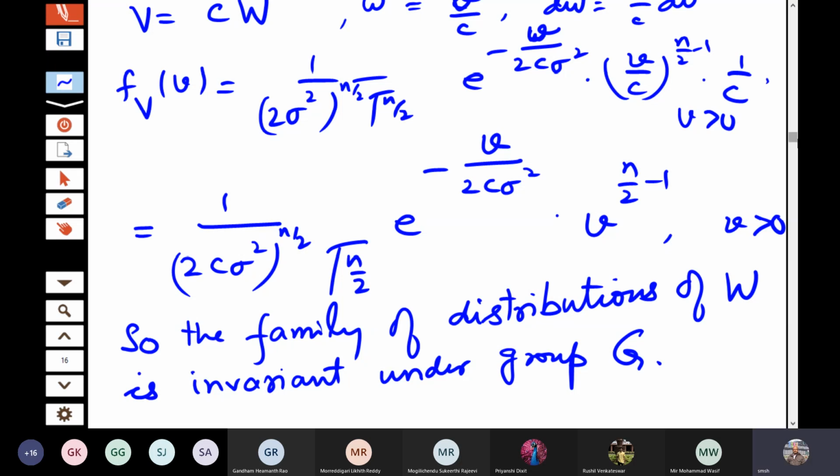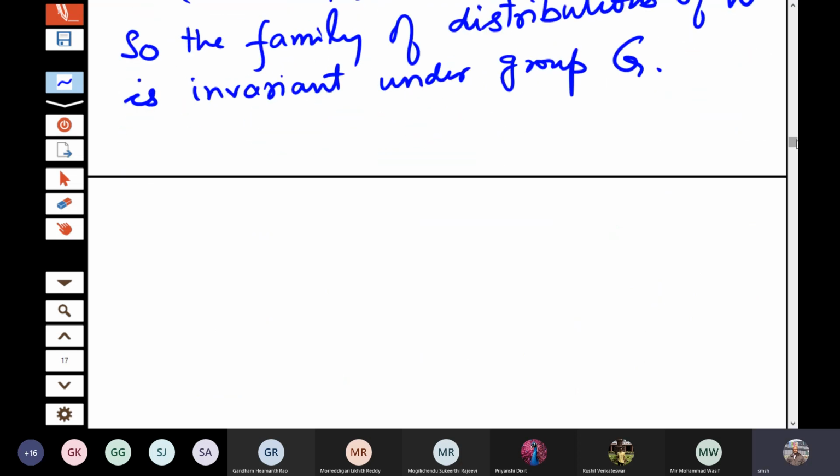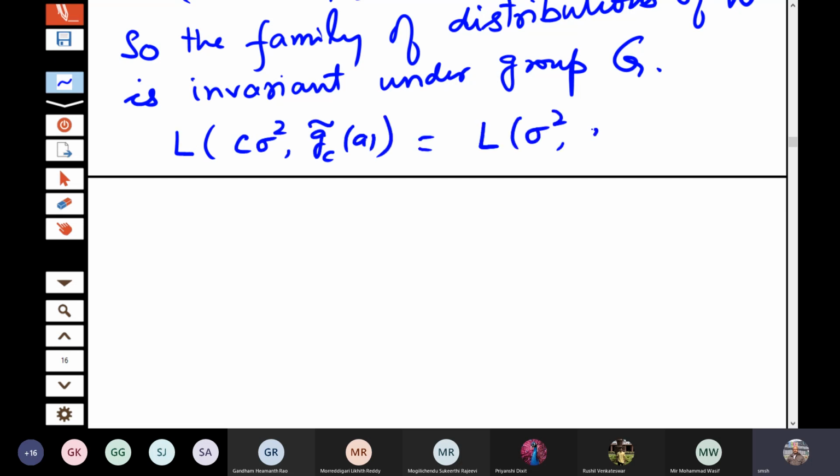Now let us look at the effect on the loss function and then what is the form of equivariant estimator here. So we should have L(C sigma square, GC tilde A) is equal to L(sigma square, A) for all C, for all A and for all sigma square.